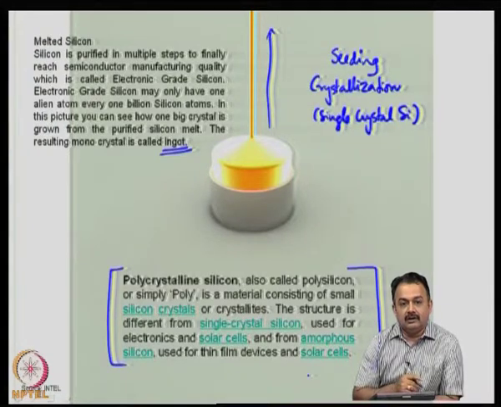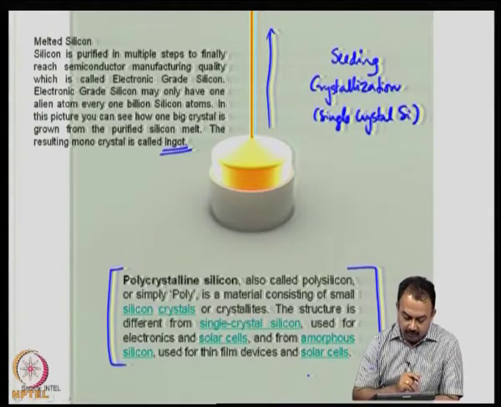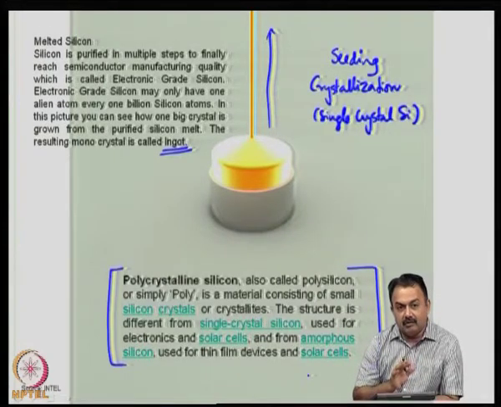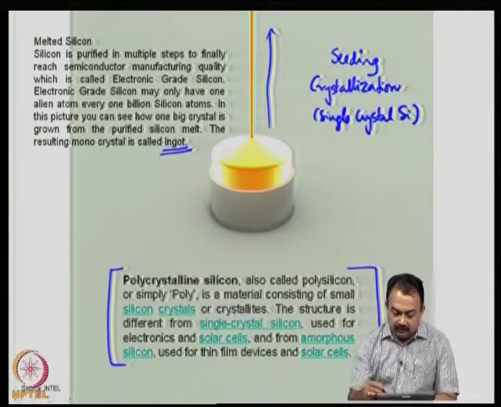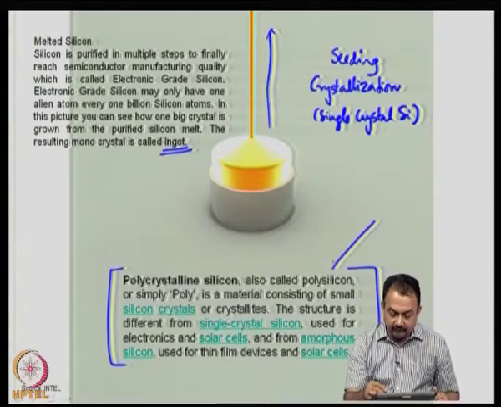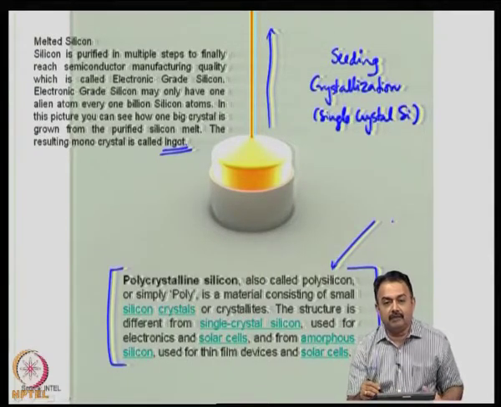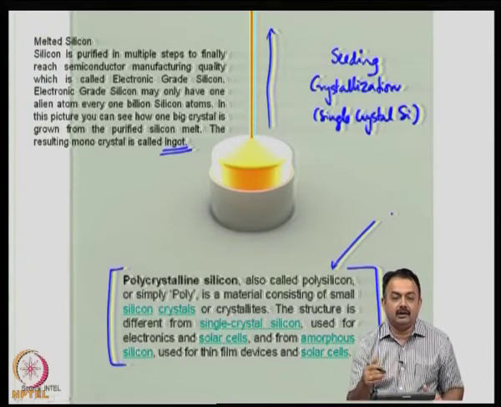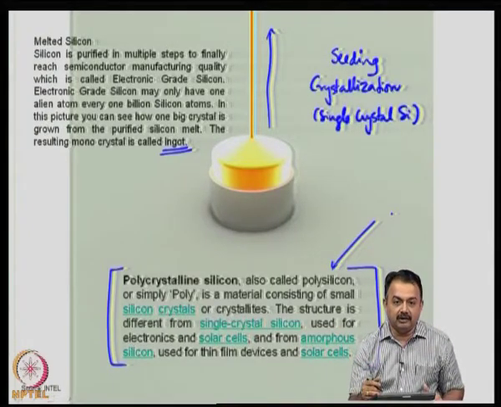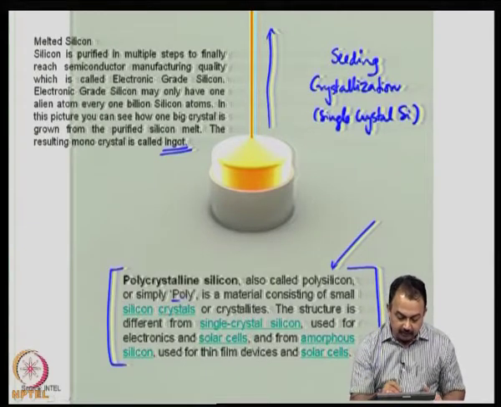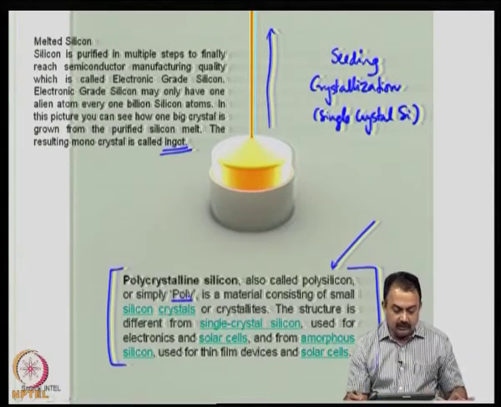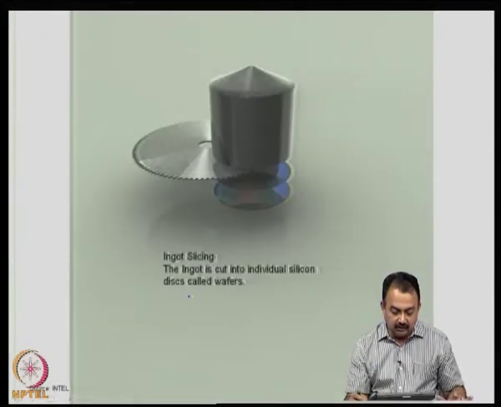Now, this single crystal silicon is used for electronics purposes and solar cells, and it is different from amorphous silicon, which is used for thin film devices and also for solar cells. So, polysilicon is used as a special material for building up the layers in the device during the fabrication. Okay. So, you call it poly. So, this is the first step to get what is known as an ingot.